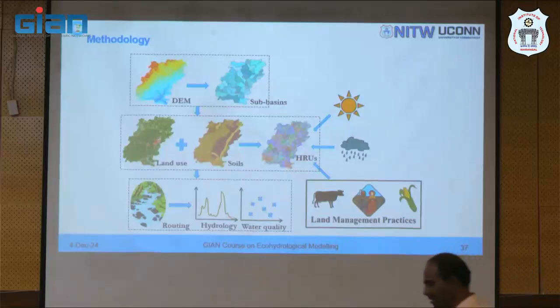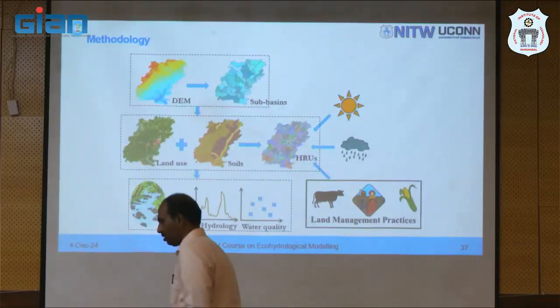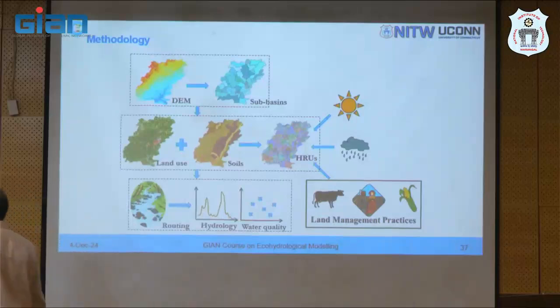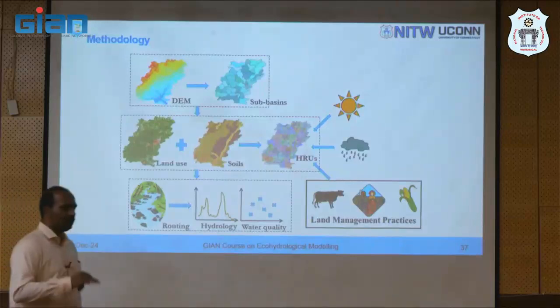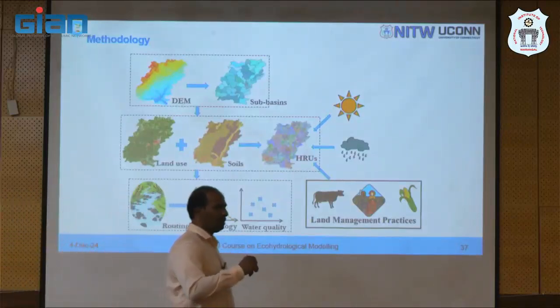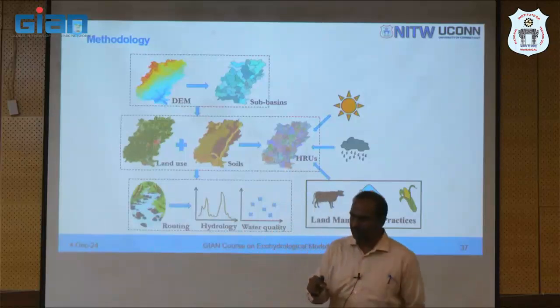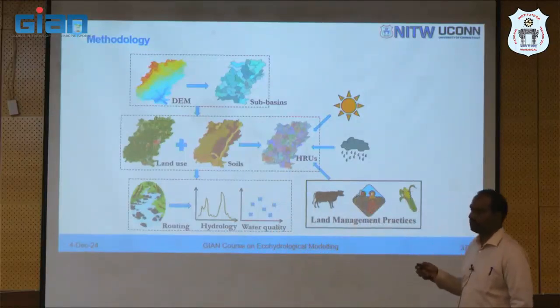When I say that it's semi-distributed, some people say it's distributed, so how does it do? It takes the catchment and using the DEM, it delineates this catchment into subbasins, right? Subbasins are again completely based on topography. Wherever one stream and another stream meets, it creates a subbasin, right?